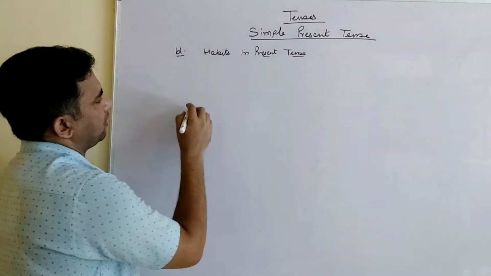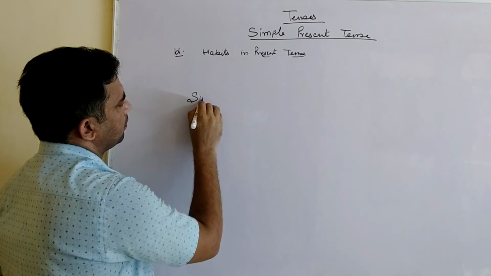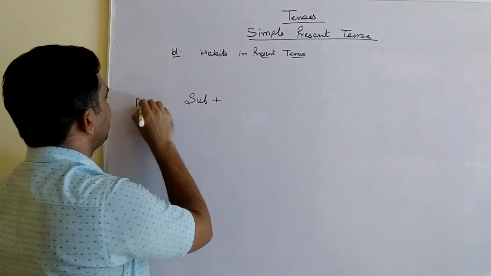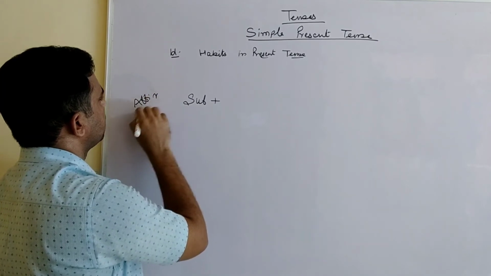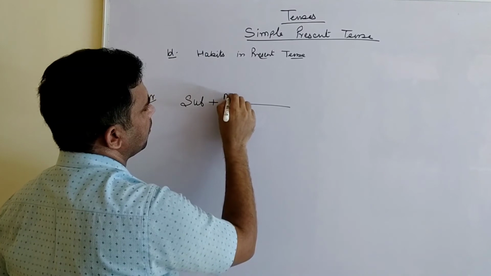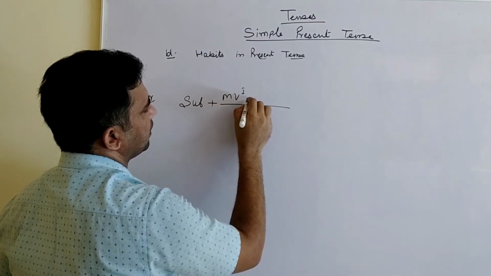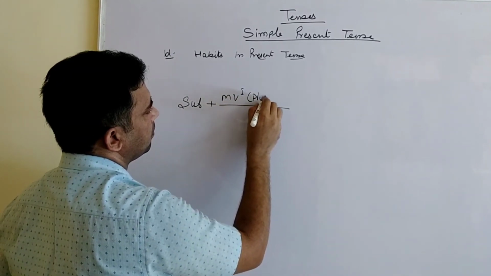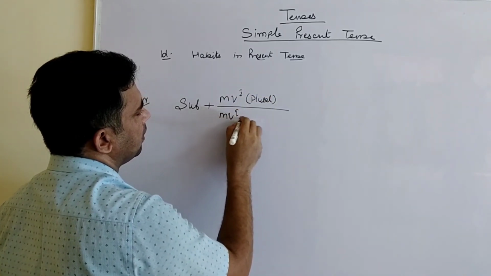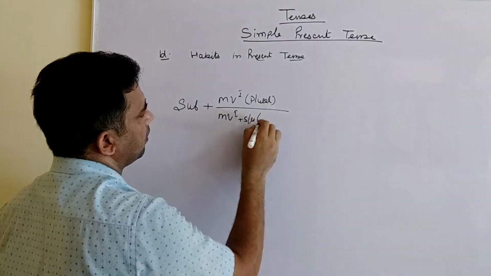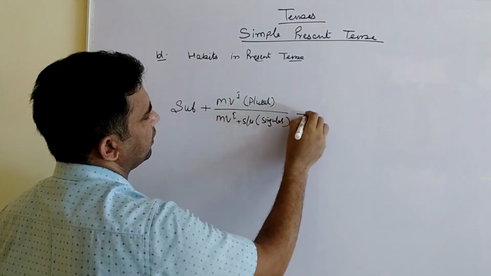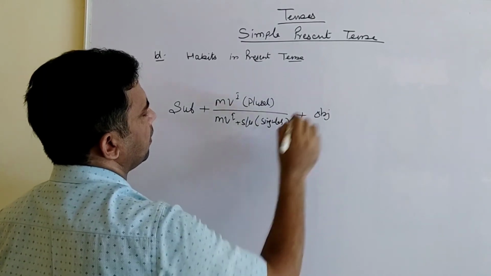Right? Now let's come to the structure of this. For affirmatives, the structure becomes: subject plus main verb first form for plural subjects, and main verb first form plus s or es for singular subjects, plus object.